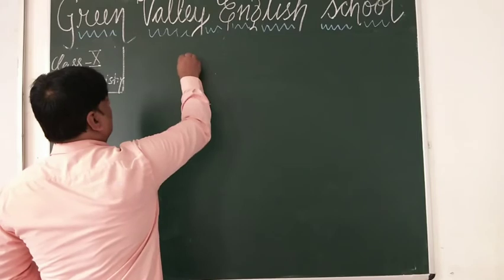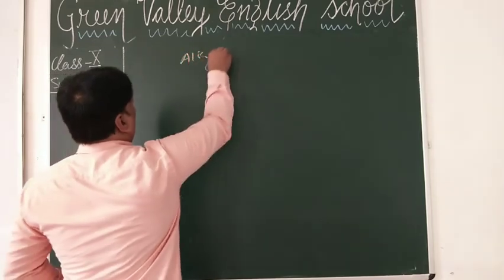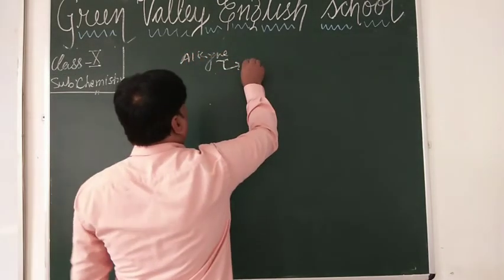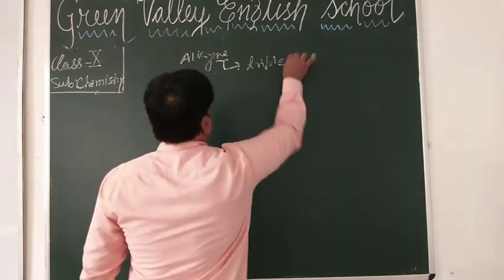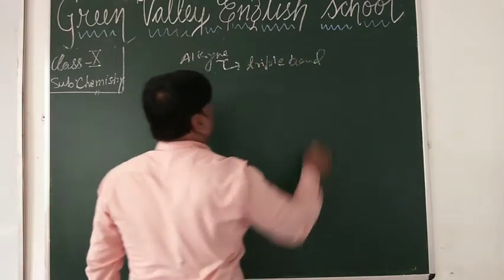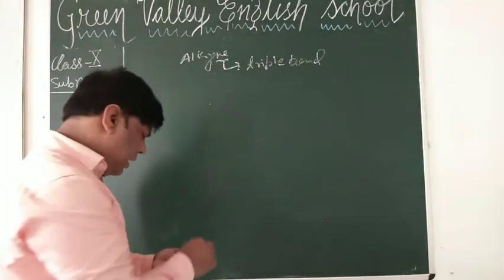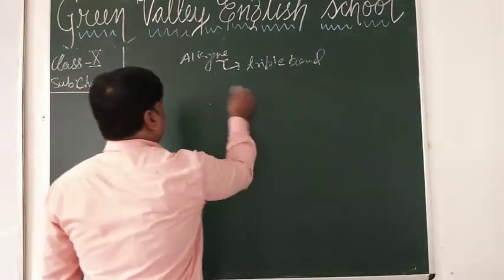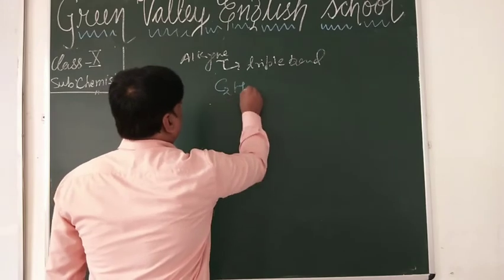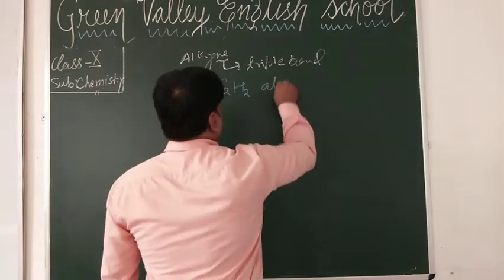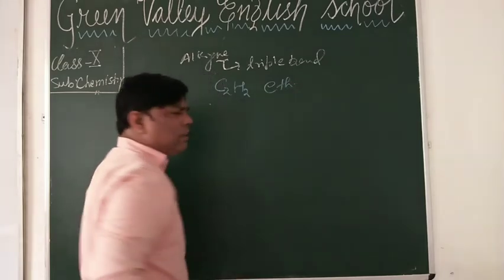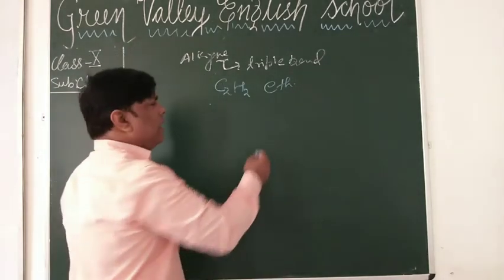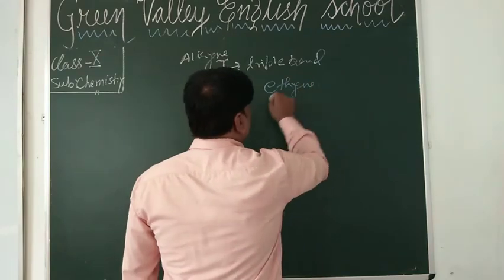Third thing is alkyne, YNE. YNE stands for triple bond between carbon and carbon. Let us take an example of C2H2. That is called ethyne or acetylene, you can say.